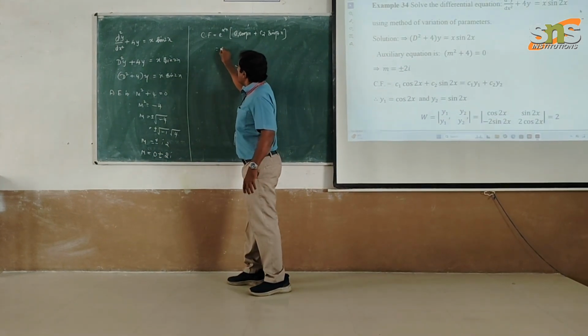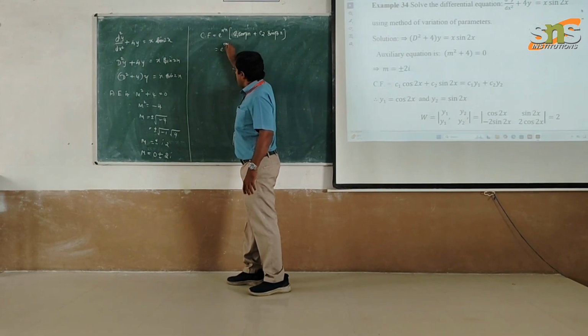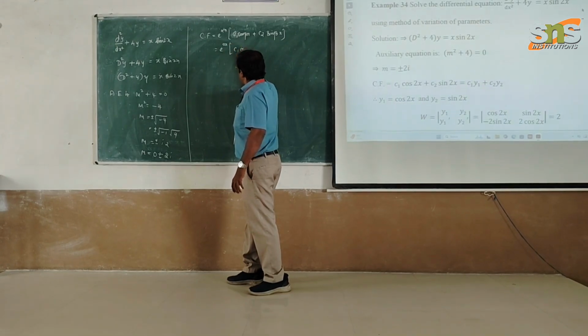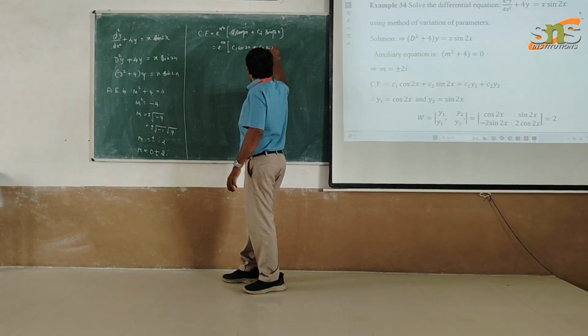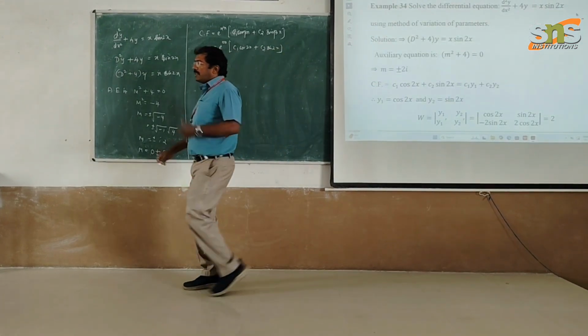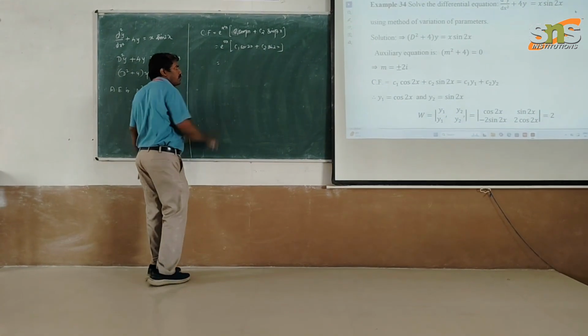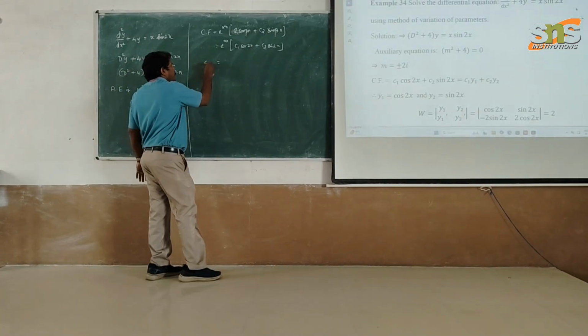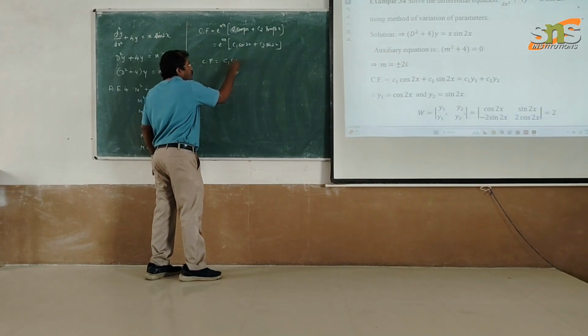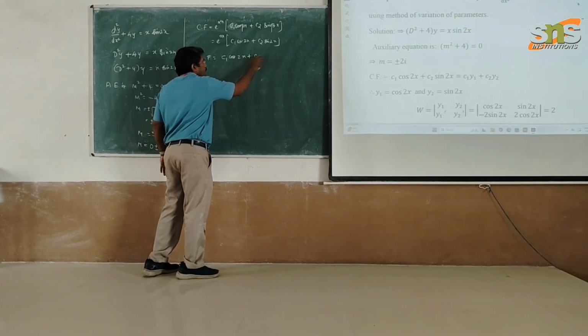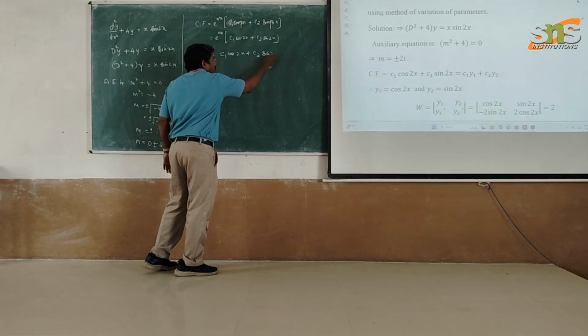So you get e power 0x (c1 cos 2x plus c2 sin 2x). What is e power 0? e power 0 is 1. So CF is c1 cos 2x plus c2 sin 2x.